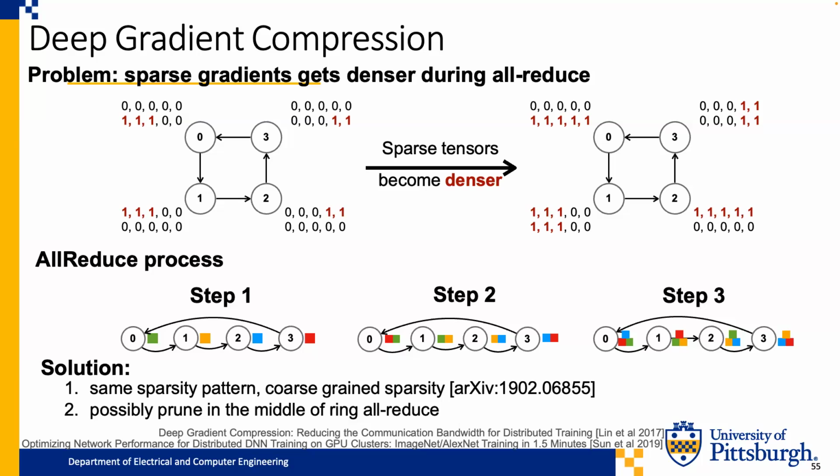But the problem actually is better than we thought. It's actually quite safe to just throw them away. Why? People found out that if I just throw them away and keep the top K, those gradients get thrown away, but the final accuracy actually did not drop too much. Why? Can anyone think of the reason why the accuracy is not affected too much?